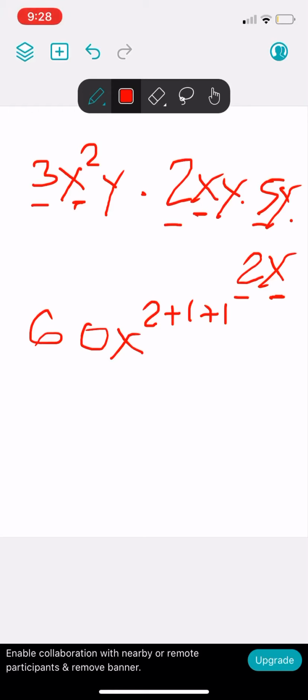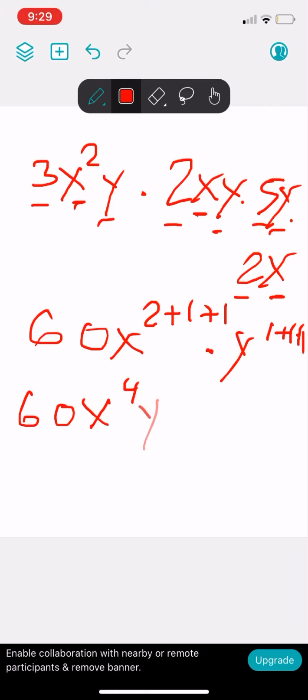If we multiply, you add the powers of these letters. So next letter we have is y. We have y, we have y. So all of them have the power of 1. So you are just writing y raised to power 1 plus 1 plus 1. Okay, so you end up having 60 x raised to power 4 y raised to power 3.